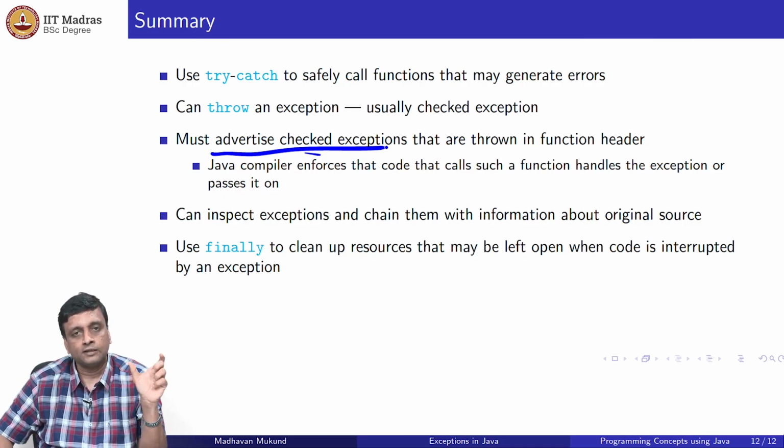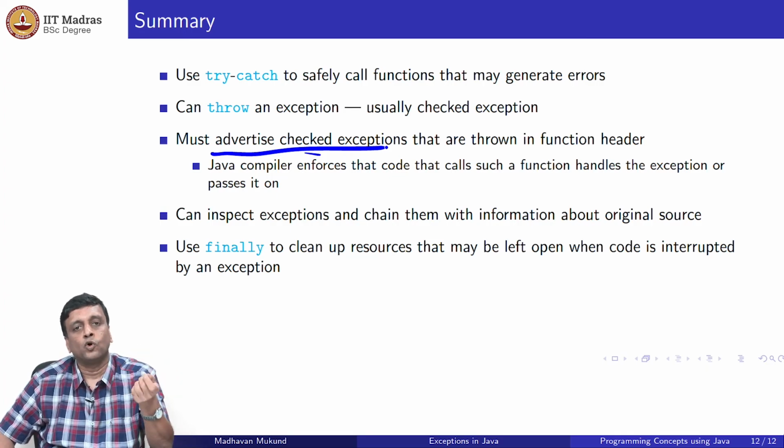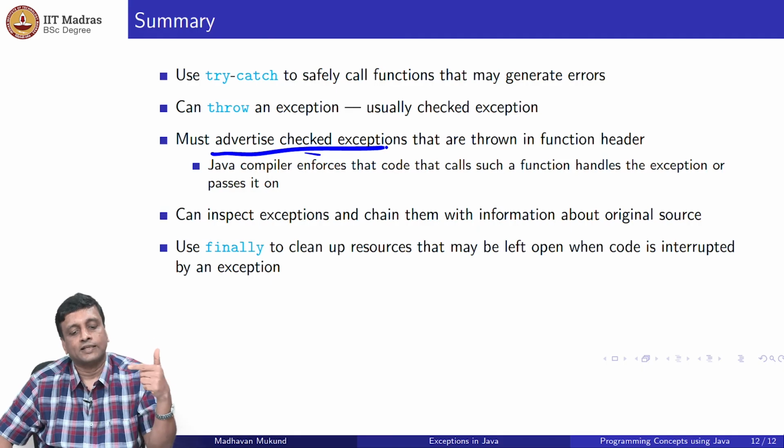So exceptions are complex objects. So we can look at them and get information about them, and we can put information into them also. So we saw that negative exception in which we stored as a private variable the negative number which generated the exception, which we could then extract through a public function like a get function which caught it, or we could have this get cause kind of thing which gives us a chain of exceptions.